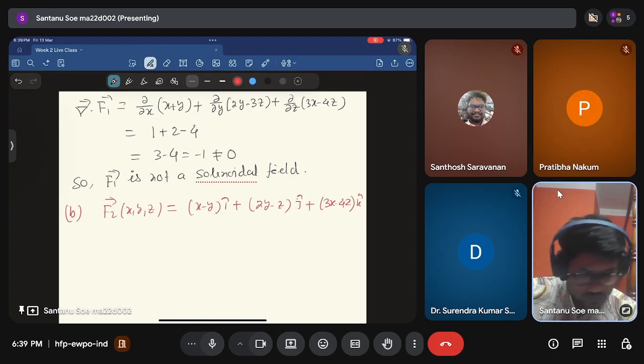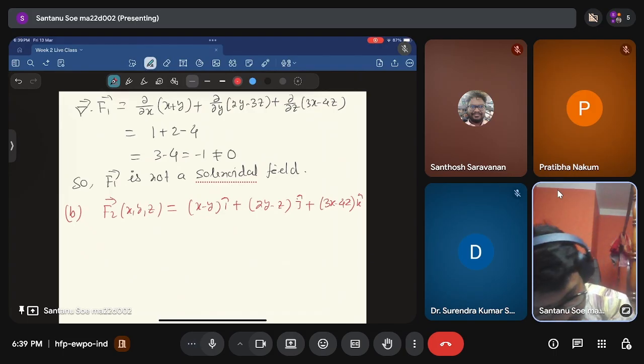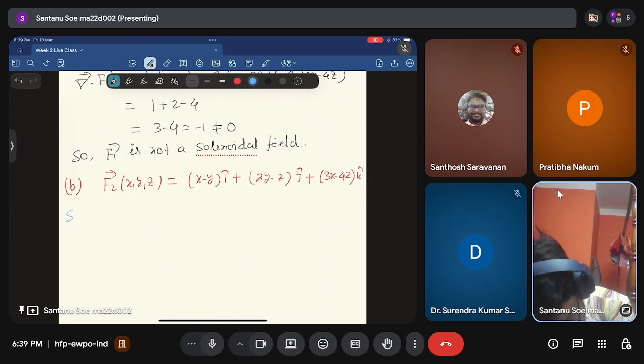so we'll simply just calculate the divergence. That's all. So divergence of F2.